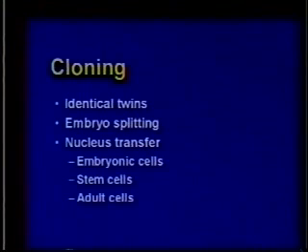There are lots of sources of these nuclei. Most of the early cloning has been done with embryonic cells, but we've all read about Dolly the sheep in Scotland. She was cloned. Her mother's mammary cell was cloned, and that led to the development of Dolly.